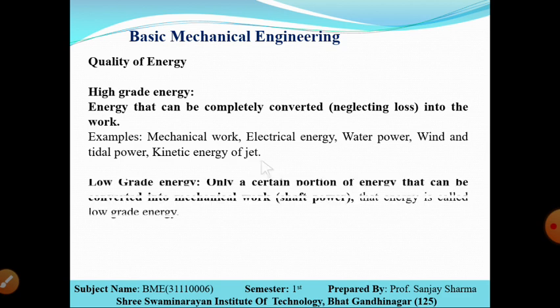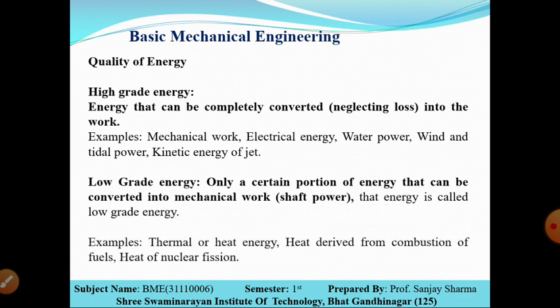Now what is low grade energy? Low grade energy is only a certain portion of energy that can be converted into mechanical work, that is shaft power. That energy is called the low grade energy. For example, let us see the thermal or heat energy. Heat energy cannot be 100% converted to mechanical work. There are some losses due to radiation, conduction, convection.